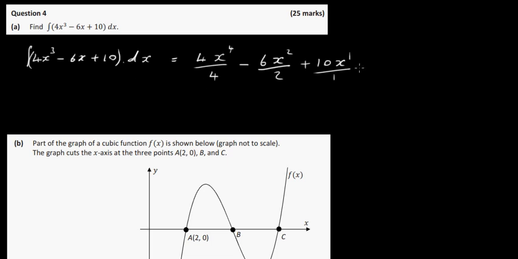Now that's it really, but we've got to add the constant of integration, because when you work backwards and differentiate, you should end up with this, and there may be a constant that would give us a 0 when we differentiate.